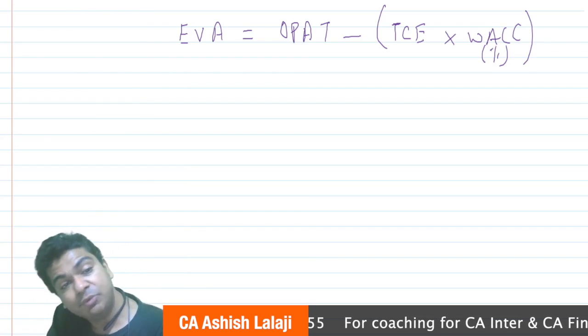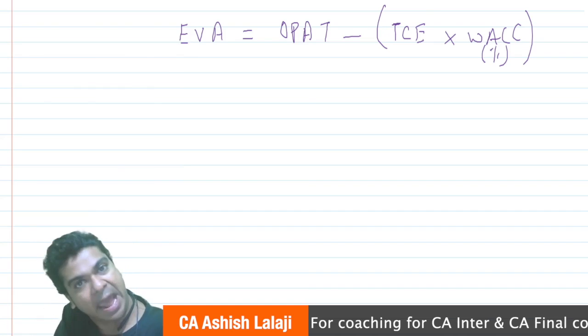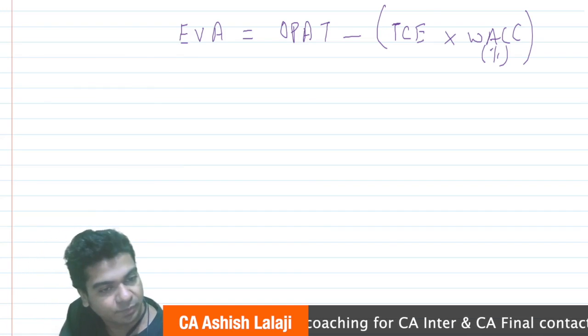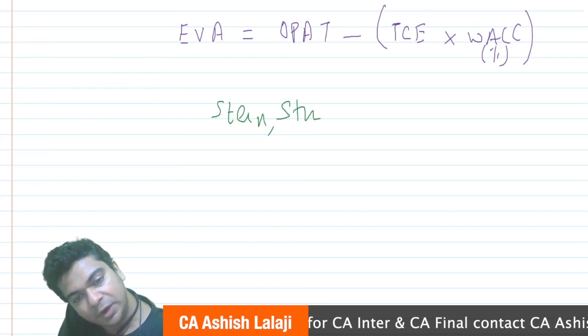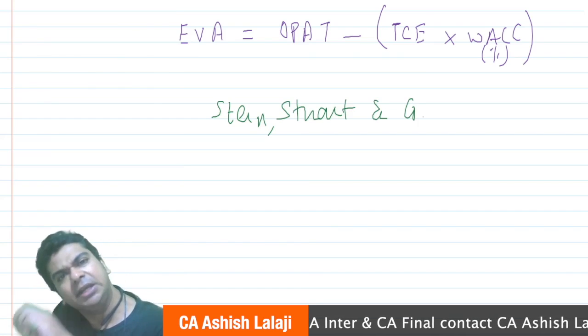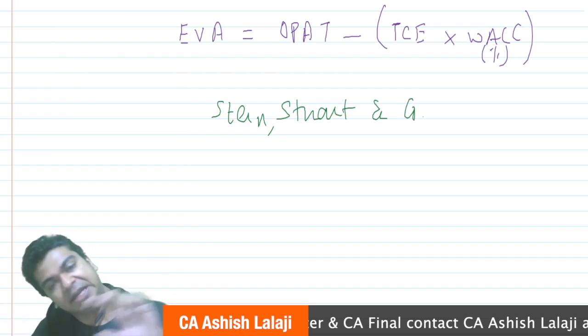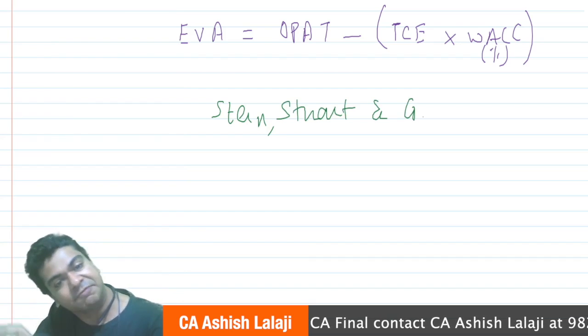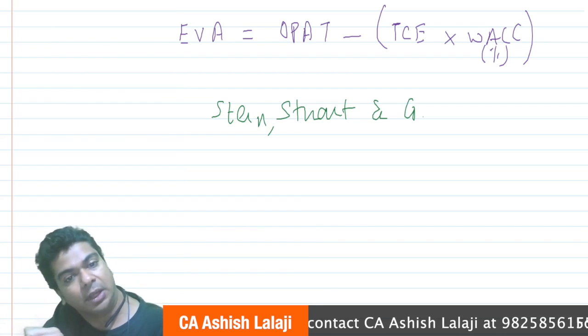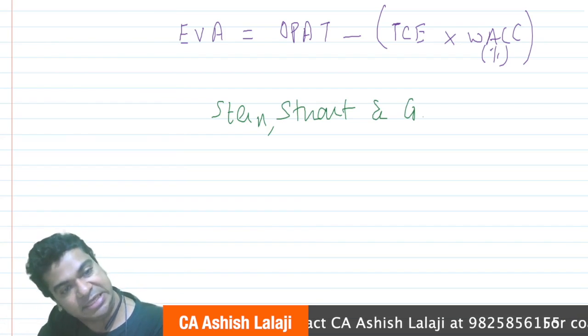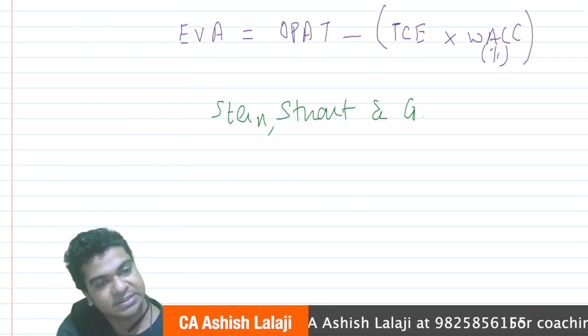This is a concept which has been developed by an American consultancy firm, Stern Stewart and Company. This entire concept of EVA has been developed by this consultancy firm, and they are calculating EVA by this formula: OPAT minus TCE into the WACC.